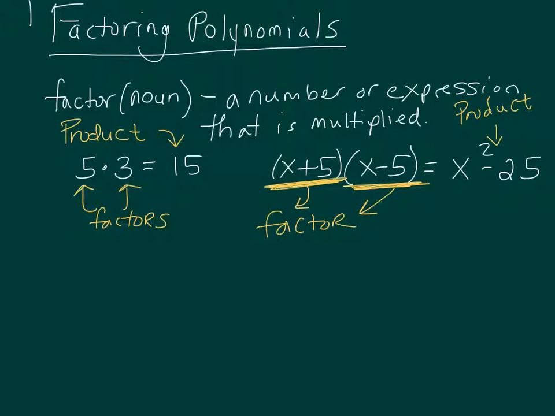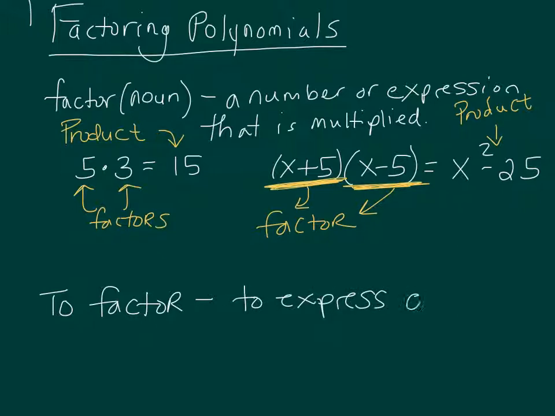Alright, so let's talk about using the word factor as a verb. So what if I wanted you to factor something? To factor means to express as a product. So if I took 15 and expressed it as 5 times 3, I've factored 15.